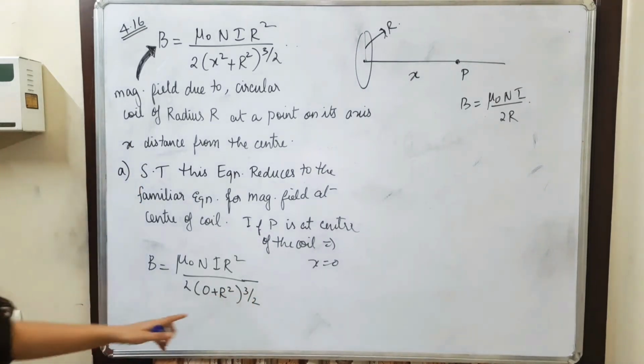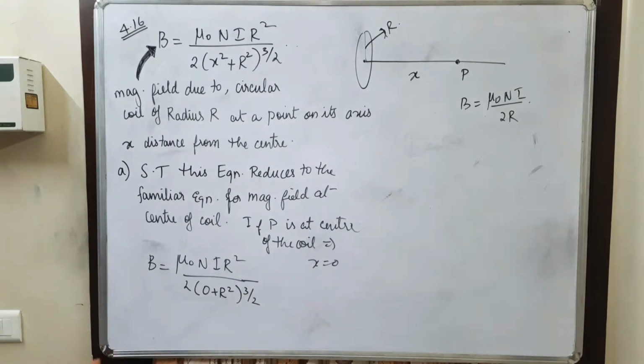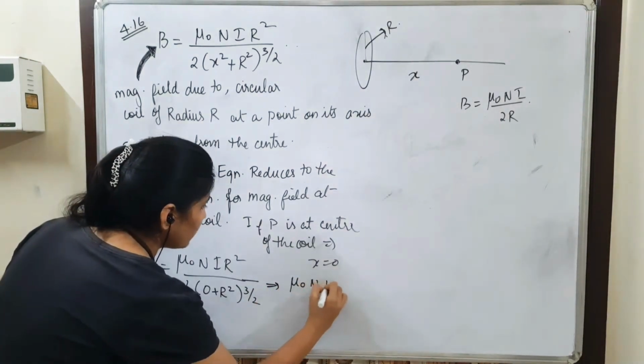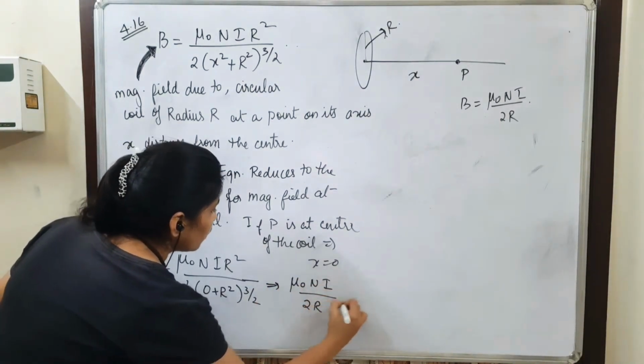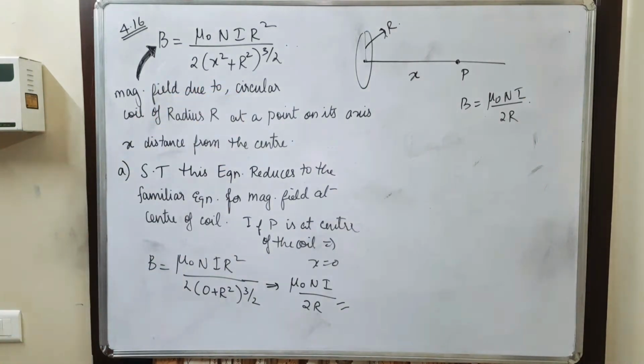Now what is this? R square to the power of 3 by 2 is nothing but R cube, and 2 R square and R cube will get cancelled by 2 powers, and the remaining term you will be getting is mu naught N I divided by 2R. Therefore, it is the familiar equation for magnetic field at the center due to a circular coil.